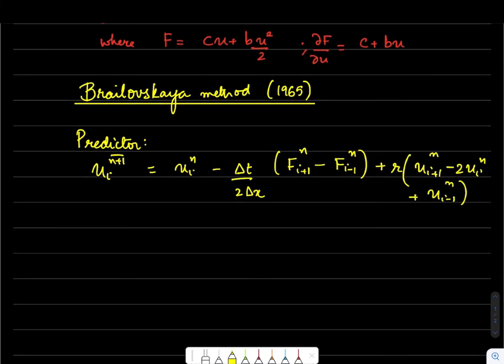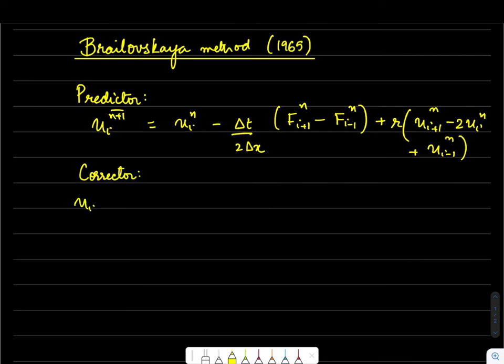Based on the predicted value of u_i at n+1, we do a correction. So we get to the corrector step, which would be u_i^(n+1) equal to u_i^n minus delta t by 2 delta x.